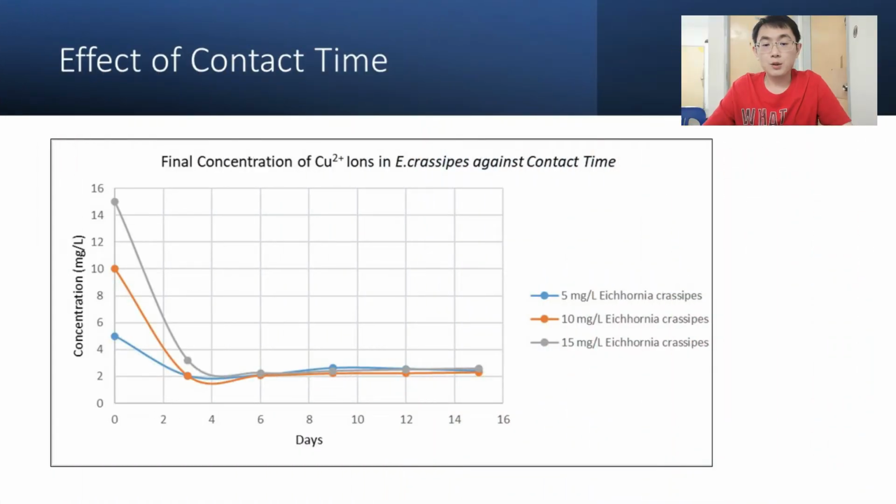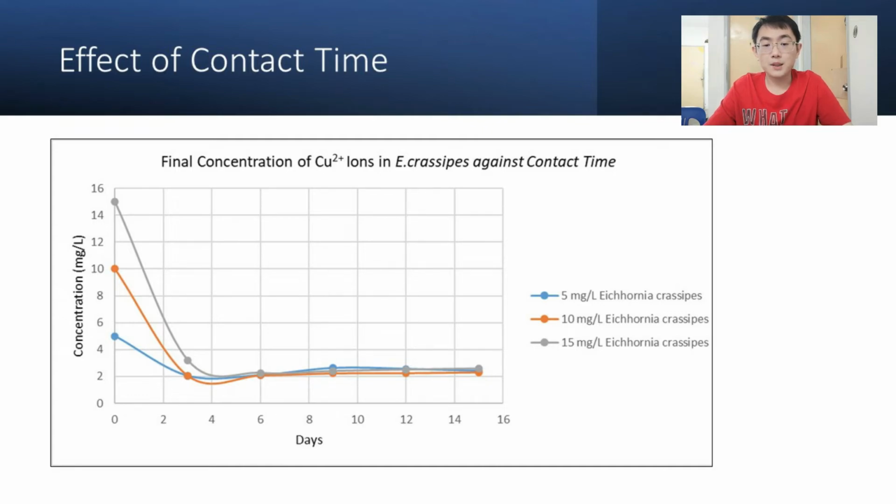The figure shows the copper-2 ions in water samples of Echronia crab size with different initial copper-2 ion concentrations within 15 days. At the early stage, the concentration of copper-2 ions for all the 3 water samples decreased drastically from day 0 to day 3. From day 6 onwards, the concentration of copper-2 ions for all 3 water samples fluctuated within a small range.